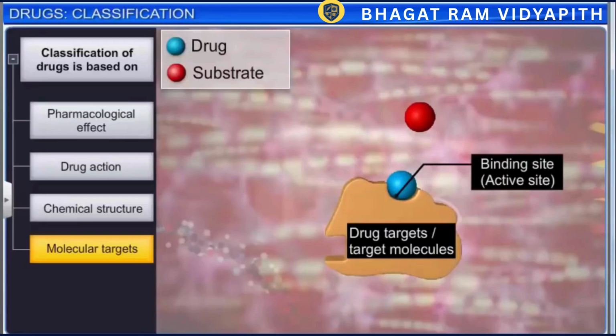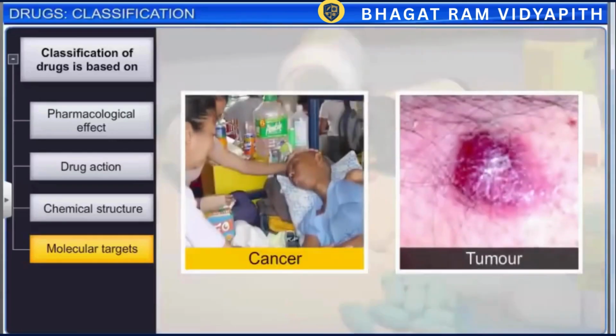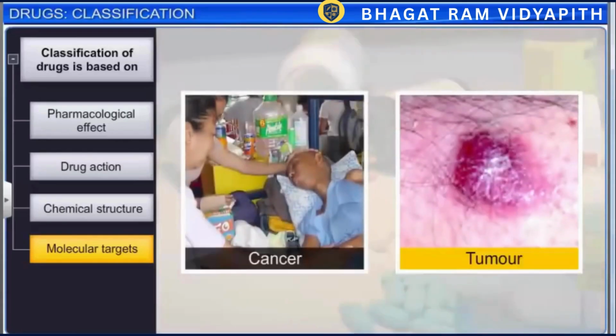Drugs with similar structures have similar mechanisms of action on biomolecular targets. Drugs classified as per their molecular targets are especially used in the treatment of major ailments such as cancer and tumors.